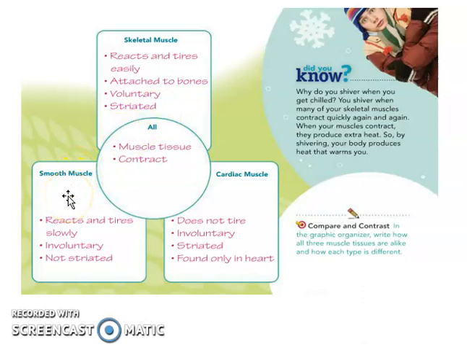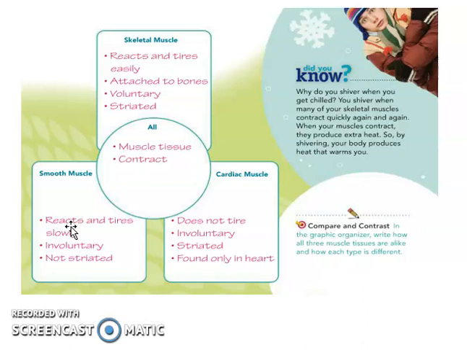While the smooth muscle, it reacts and tires slowly. When we say reacts, meaning, for example, if you eat and you feel full, it reacts, meaning you can see that your abdomen, your abs, is getting bigger because the stomach is reacting.